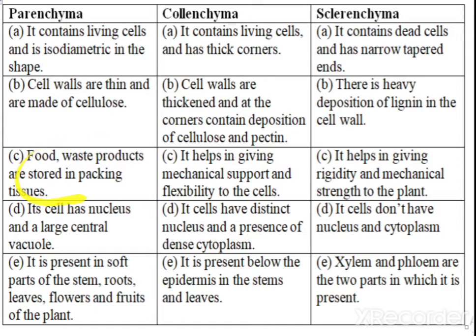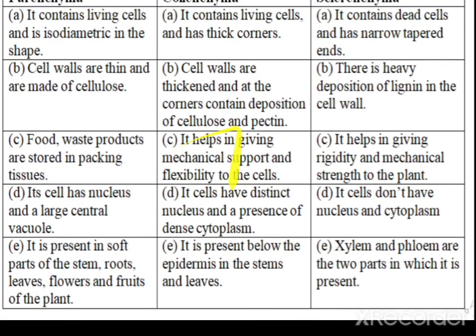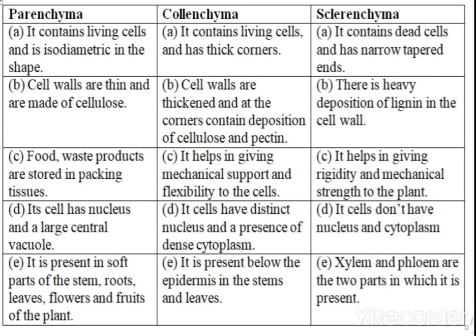Parenchyma is mainly helpful in storage. Food and waste materials are stored. Collenchyma is helpful in giving mechanical support and flexibility to the cells. And sclerenchyma gives rigidity and mechanical strength to the plant. Next, in parenchyma, the nucleus is large and they have a large central vacuole.